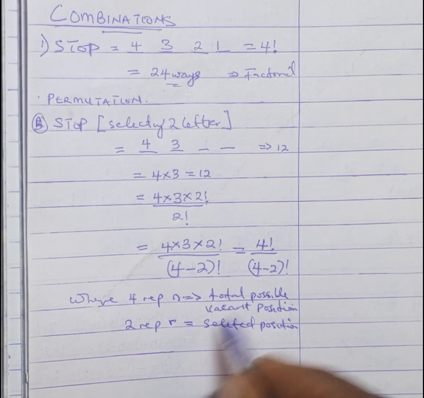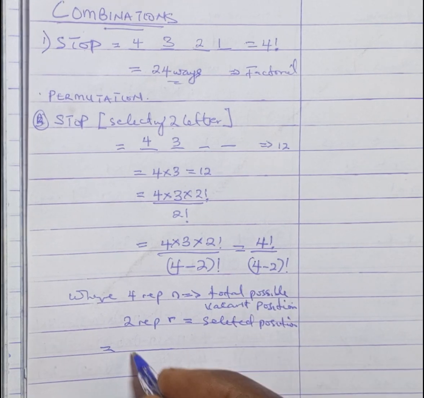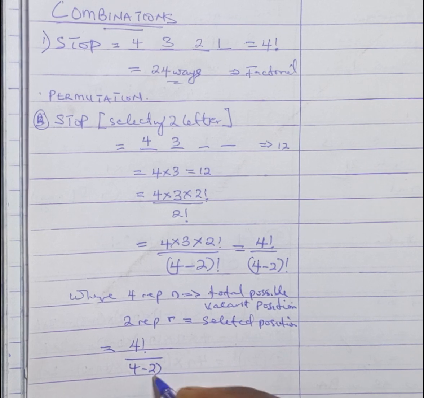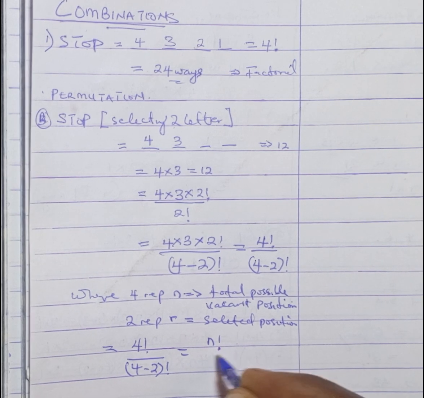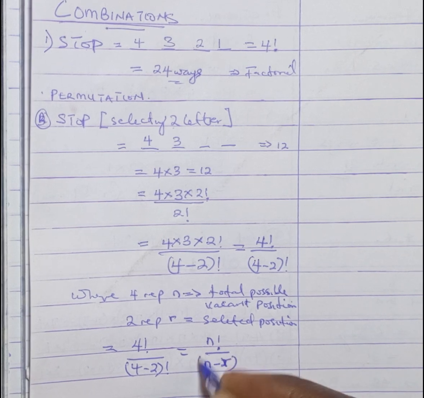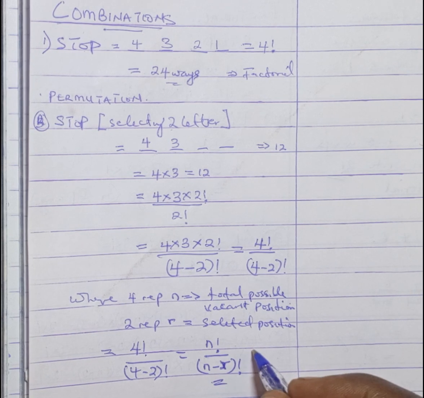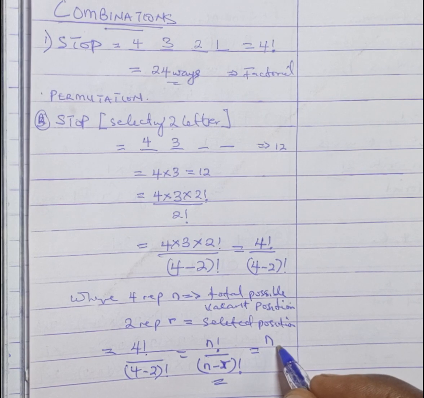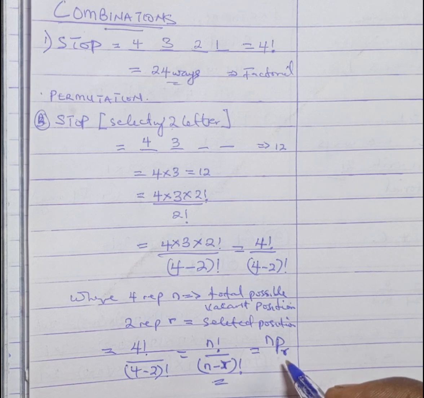So that's it. So this 4 that we wrote like this could be written as n factorial over n minus r factorial. So that is where the formula for the permutation was derived. Of course the symbol for permutation coefficient is nPr. So I hope you get that.